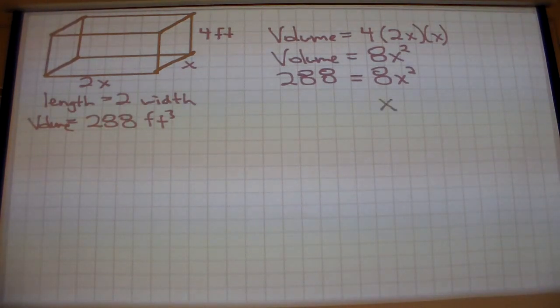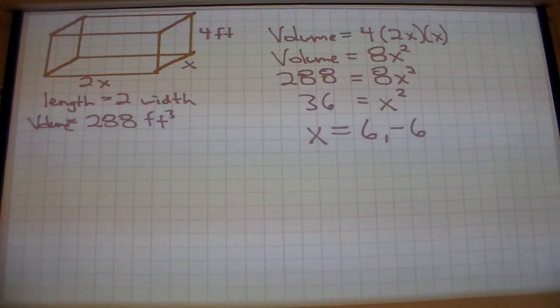Okay. X squared equals then 36. So what does it make the solutions if I take the square root? 6. And? Yeah. So in that equation, 6 and negative 6 are the solutions, because I had x squared equals 36, plus or minus 6.